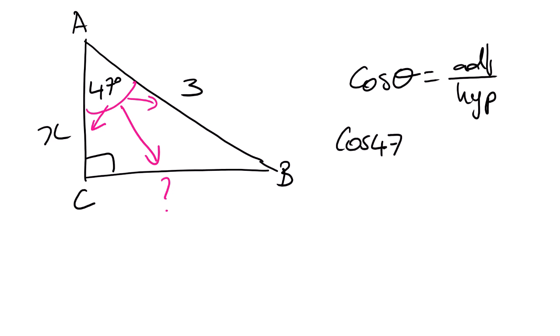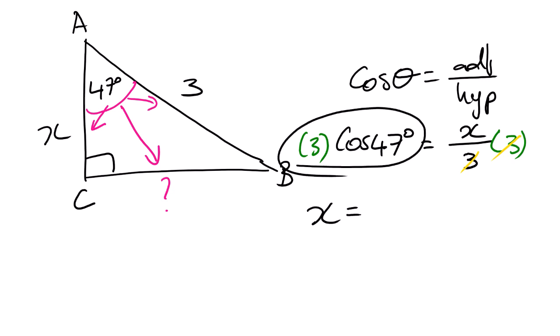Cos 47, the adjacent side is x over the hypotenuse, which is 3. Then remember, we are trying to get rid of the fraction. We multiply by 3, and this will get rid of the fraction. X is equal to 3 cos 47, we simply punch this on the calculator. The answer is 2.05.